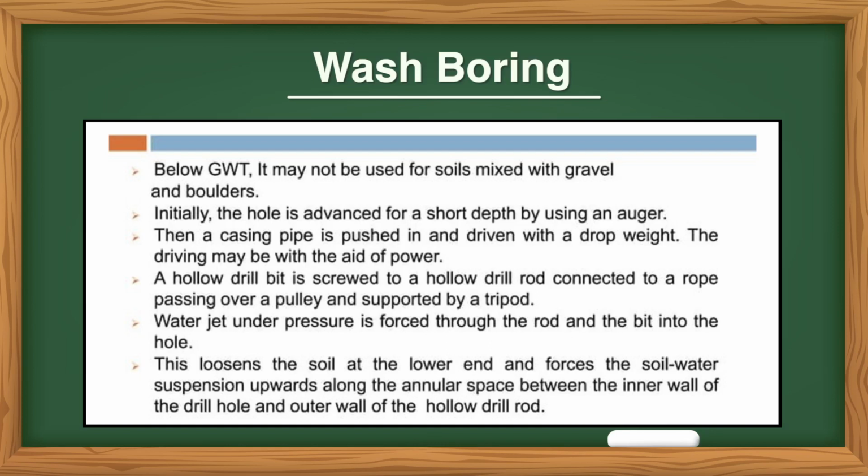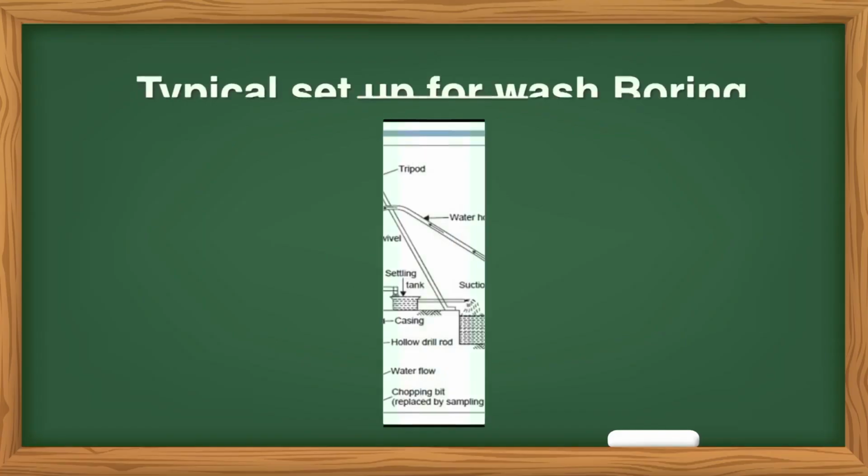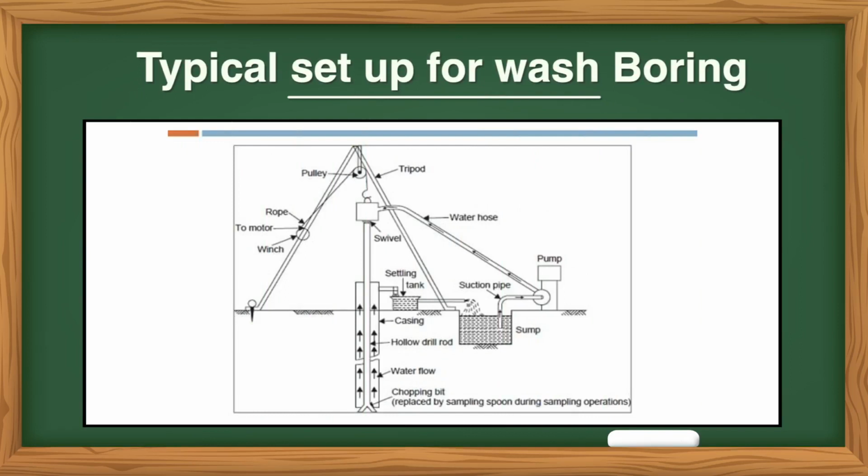This loosens the soil at the lower end and forces the soil-water suspension upward along the annular space between the inner wall of the drill hole and the outer wall of the hollow drill rods. You can see on the figure, this is a typical surface arrangement of wash boring.